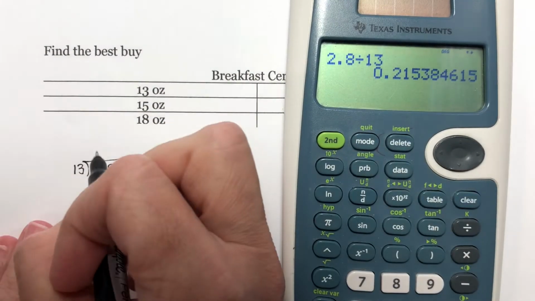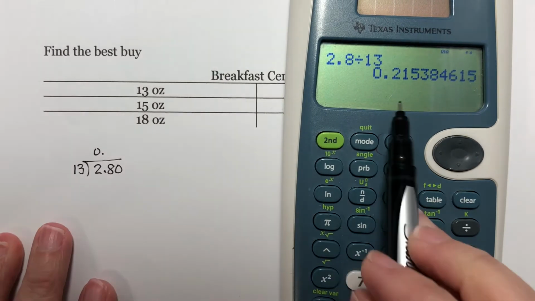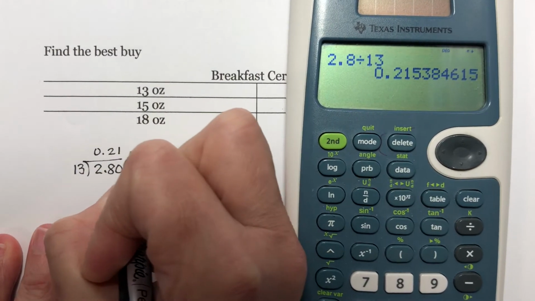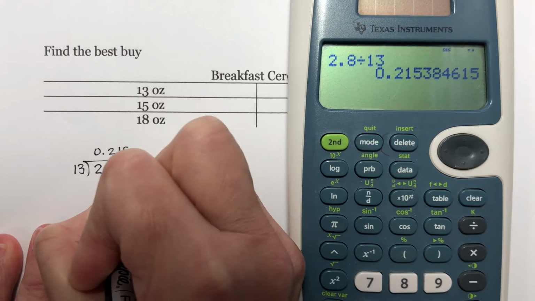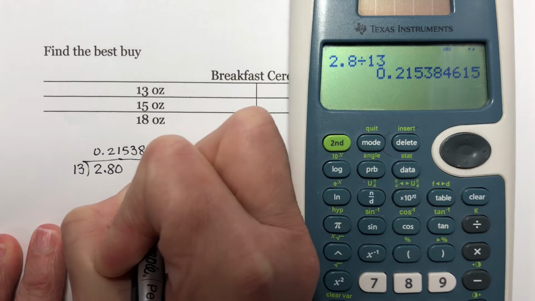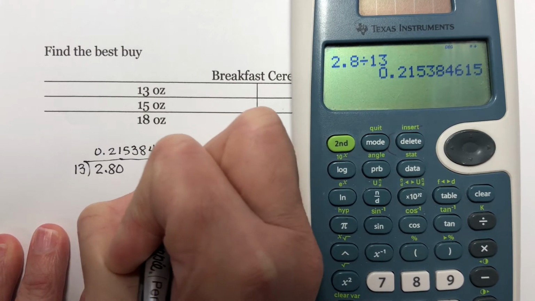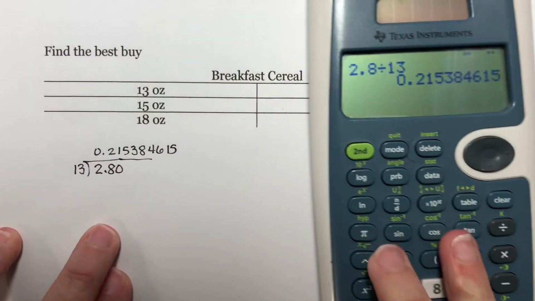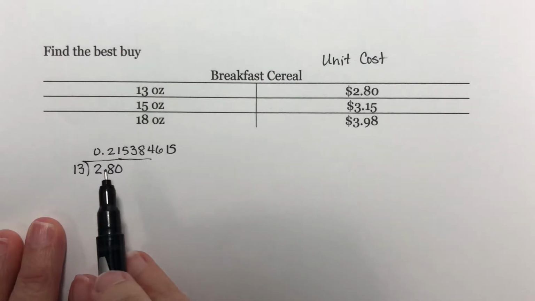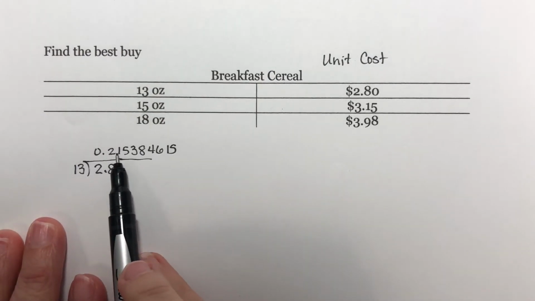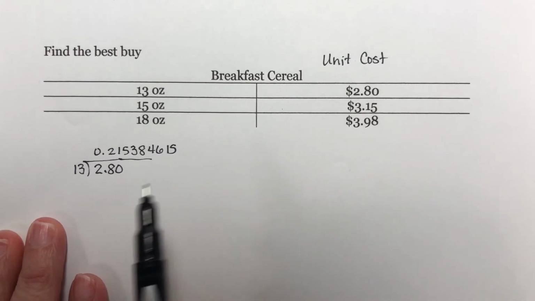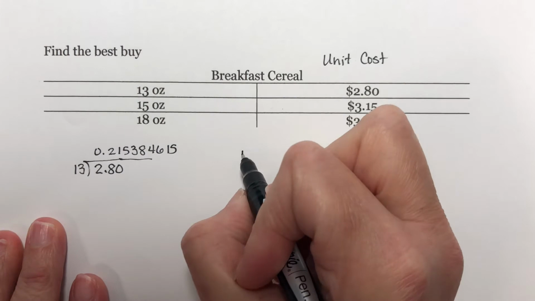You do want to keep a couple of digits more than you think, because sometimes the unit prices are very close together for each option, and you want to make sure you have enough digits to compare. So for the 13 ounce, I'm paying about 21.5 cents per ounce. Okay?